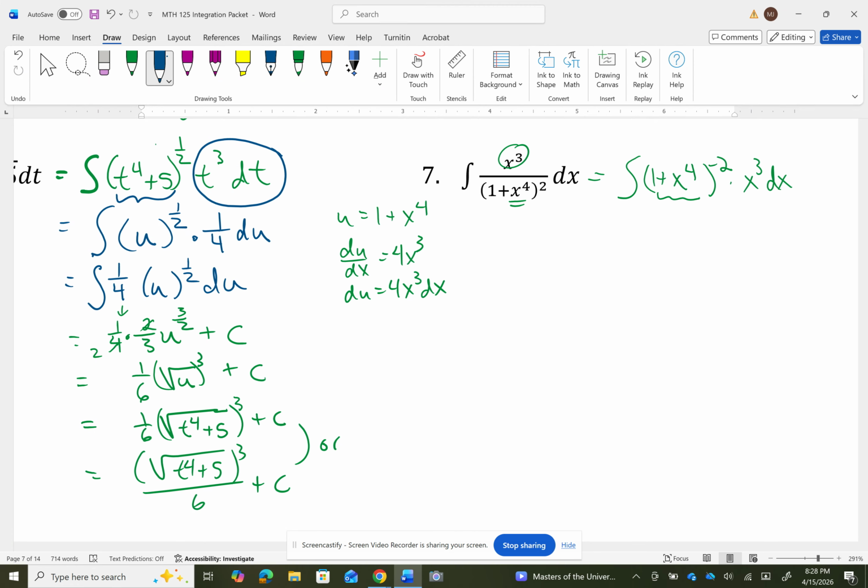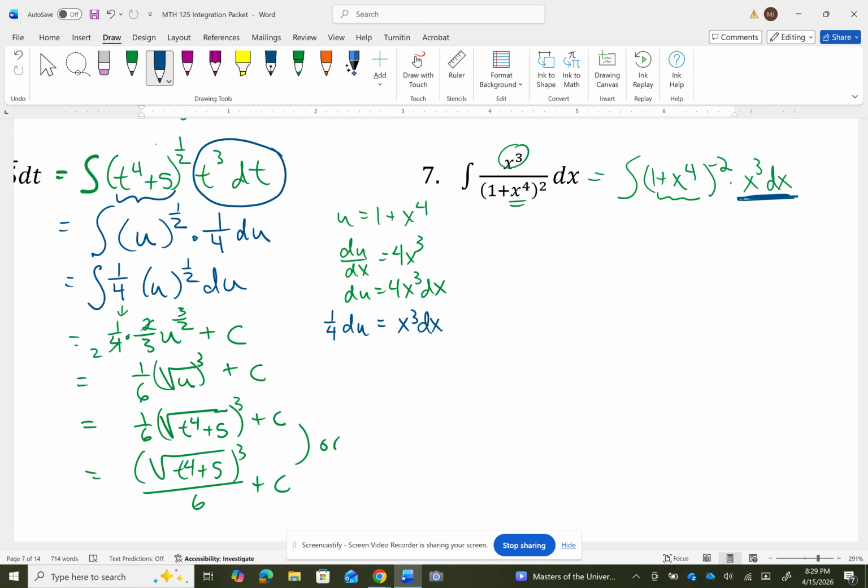All right, now here's the x to the third dx. Ooh, I don't have a 4 right here, but I could multiply both sides by 1/4 and get rid of that so that I have what I need. All right, let me say that again. So I just divided by 4 or multiplied by 1/4.